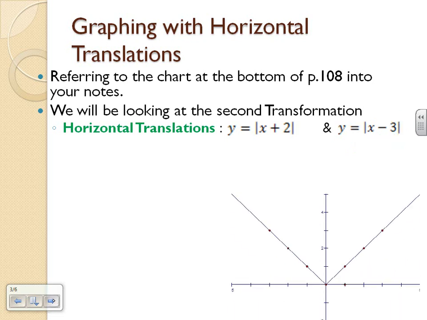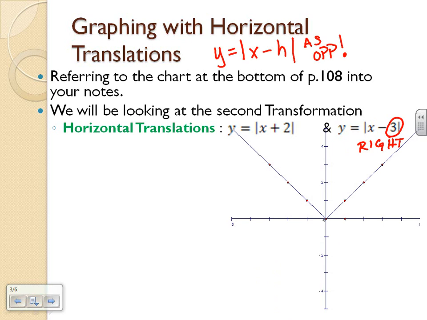So if we bring up a graph with the parent function on it, we're going to take our vertex, and this time we're going to shift the opposite of negative 3, which is going to the plus side of right. 1, 2, 3. And once again, there's nothing in front of x yet, so our slope is still up 1 over 1.